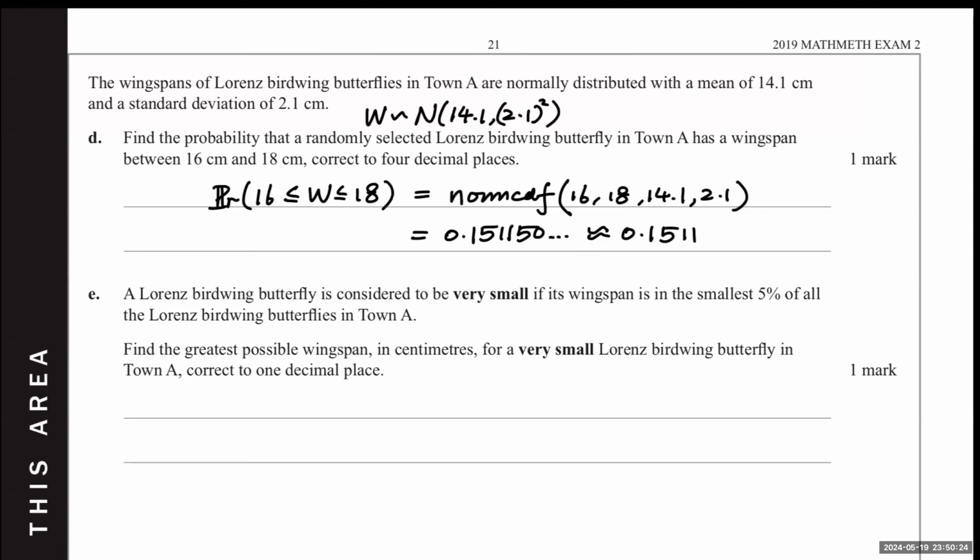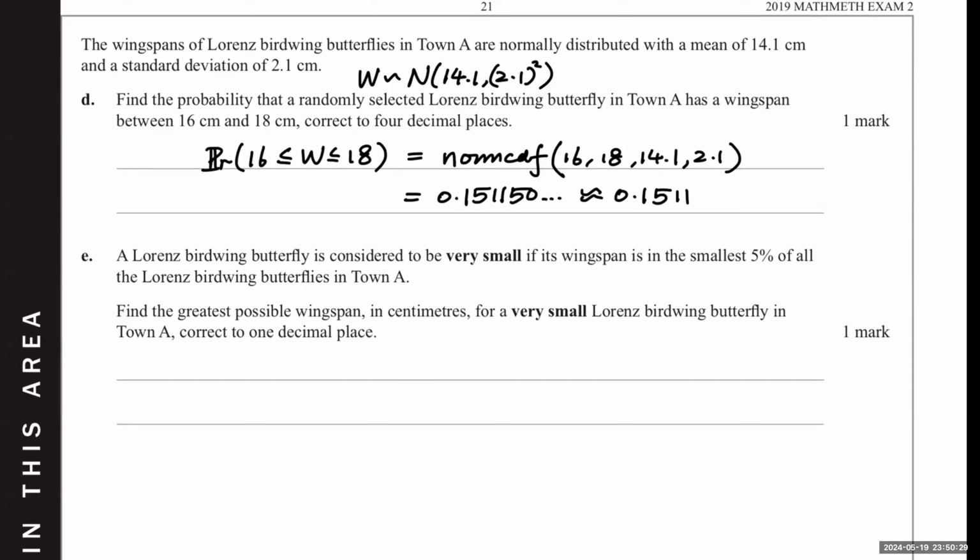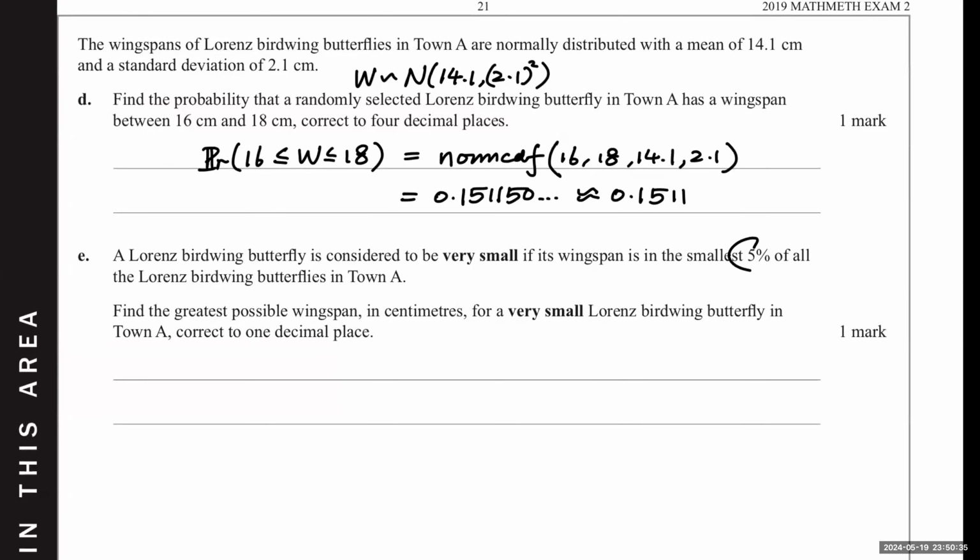A Lorentz birdwing butterfly is considered to be very small if its wingspan is in the smallest 5% of all the Lorentz birdwing butterflies in Terran A. So the lowest 5% is like the tail on the left, okay? 0.05.